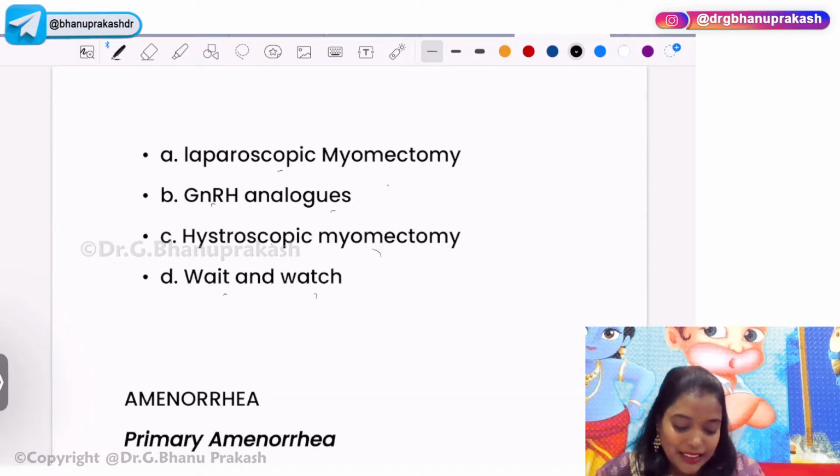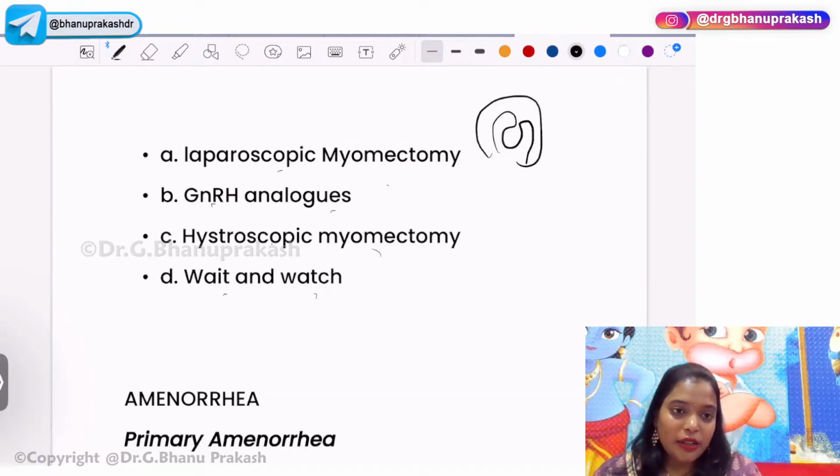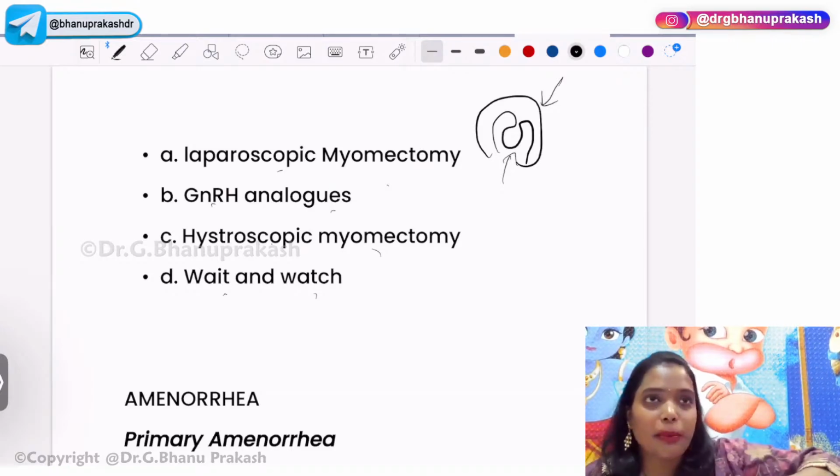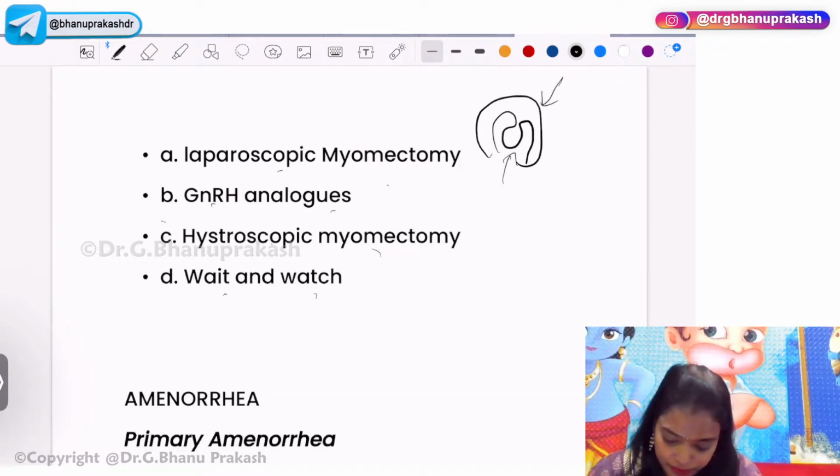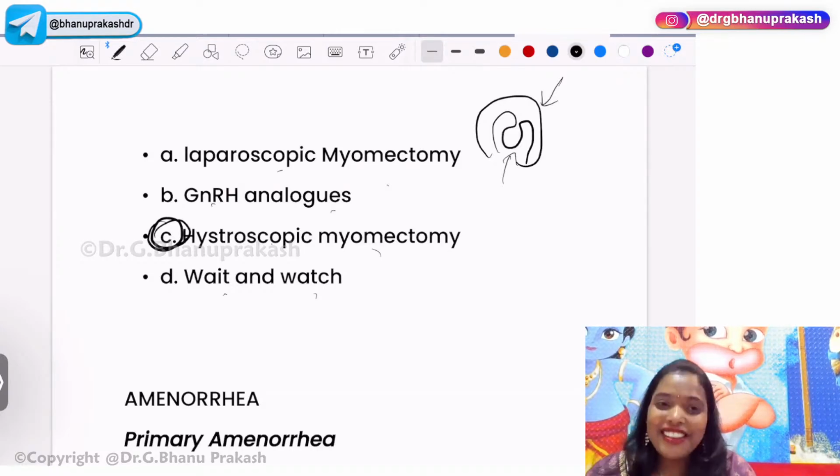Yes, as it is inside the uterine cavity, will you remove it laparoscopically or hysteroscopically? If the problem is inside, will you approach from outside or from inside? Obviously from inside, so what do you call approaching from inside? Hysteroscopic myomectomy. Okay.